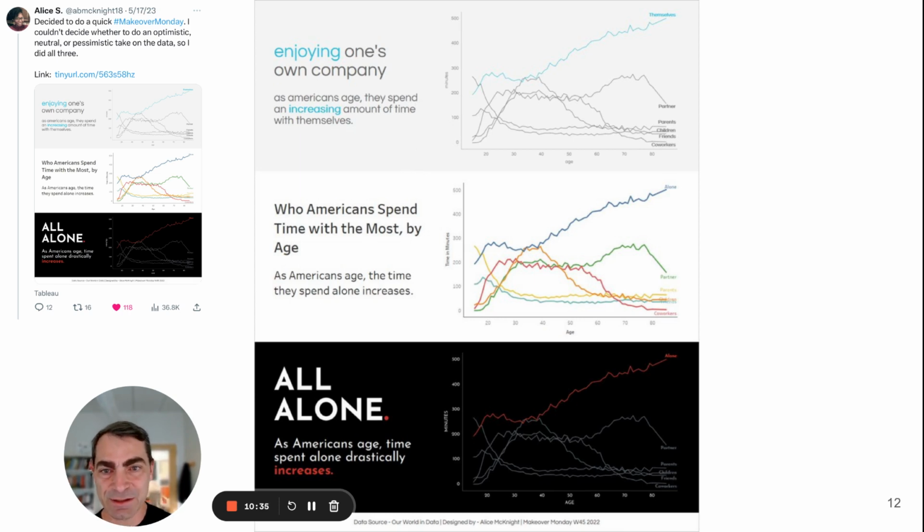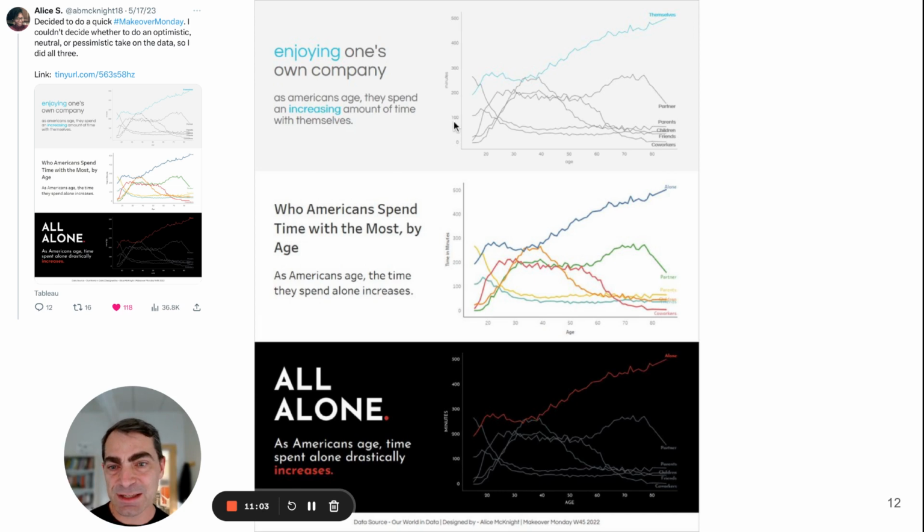As Americans age, they spend an increasing amount of time with themselves. So on the x-axis, you have the age, and on the y-axis is the amount of time they spend either with themselves or with their partners or with their parents or other people, right? And from the graph, you see that the amount of time they spend with themselves is increasing over time, right?